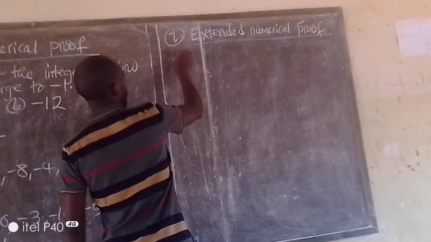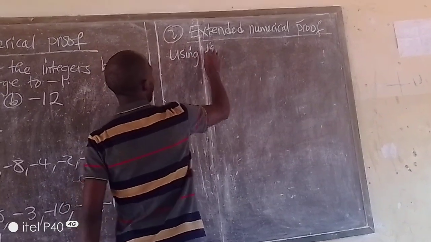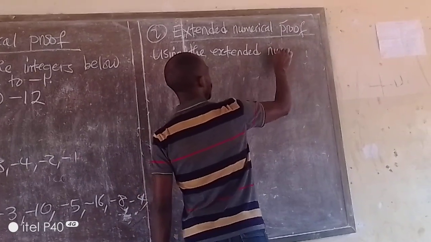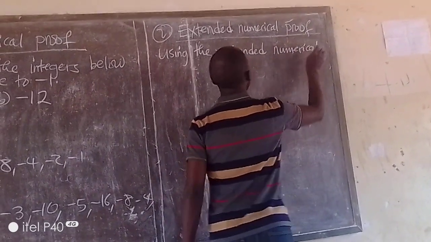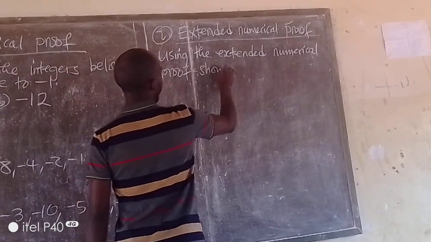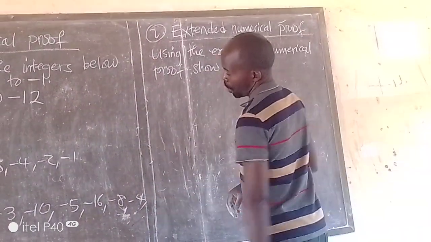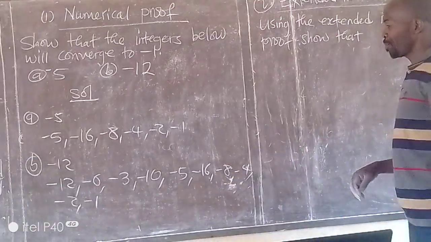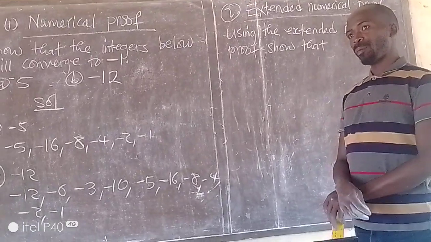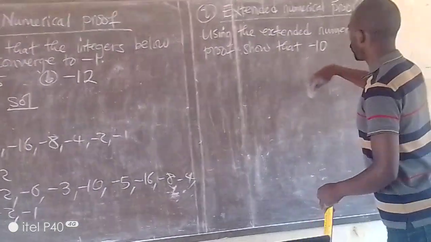So I'll give an example here. Using the extended numerical proof, we can take any integer. In this case, we can pick negative 10.